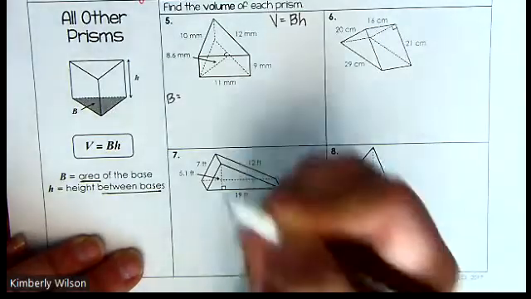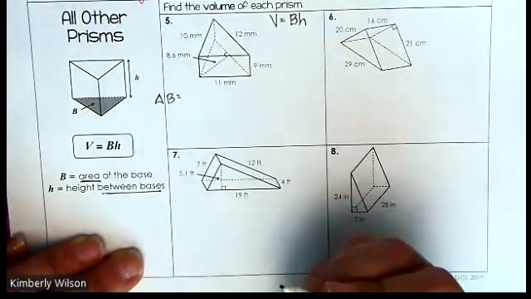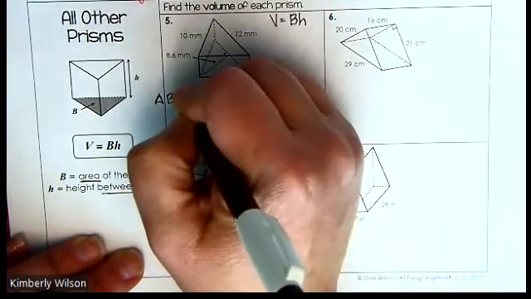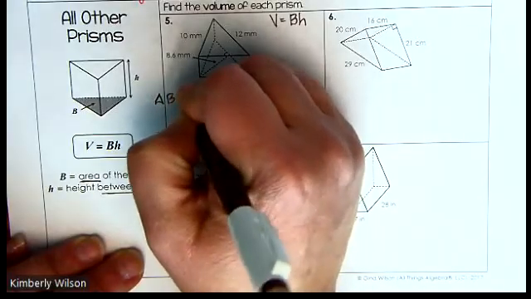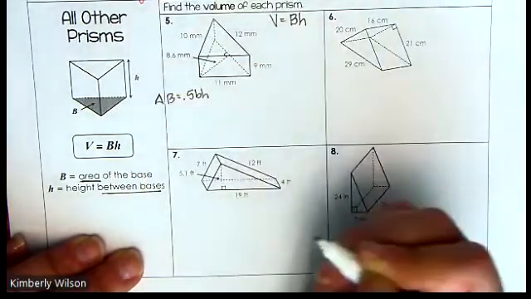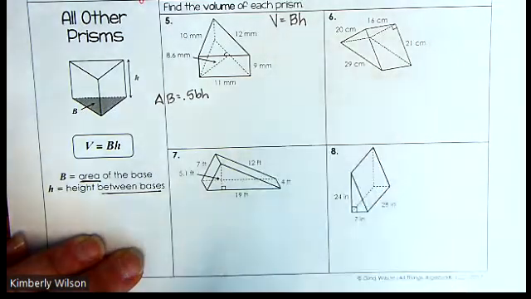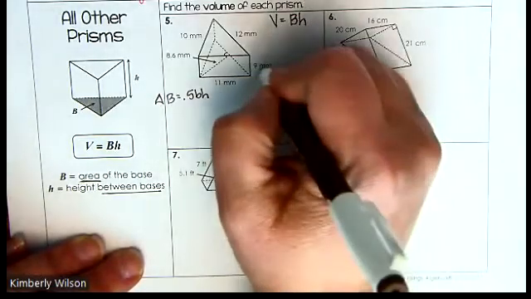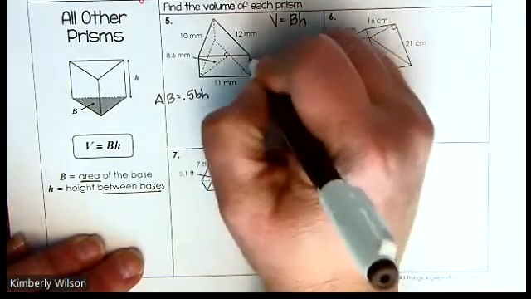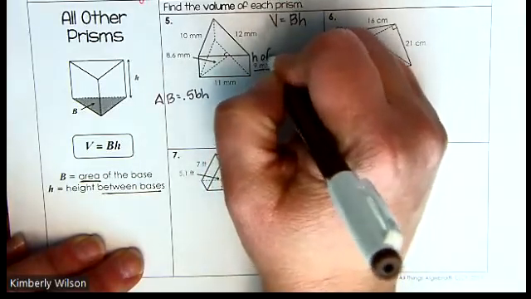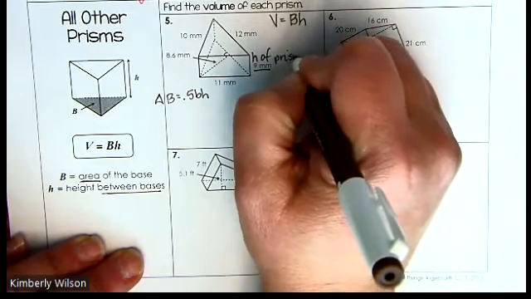Well, my base shape is a triangle. So that's 0.5 base times height. Now you're like, base times height again? Wait a minute, I've got two heights. You have the height of the prism and you have the height of the triangle. This is the height of the prism.